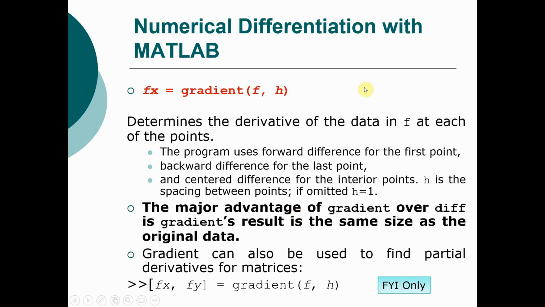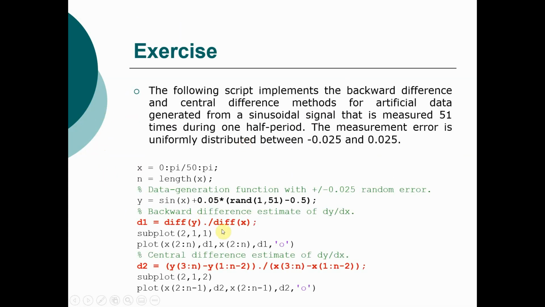So there is another function for differentiation in MATLAB called gradient. It determines the derivative of the data in f at each point, right? So it doesn't have any limit. How does it do it? It basically applies forward difference on the first point, because we can't apply backward difference or center difference on the first point.